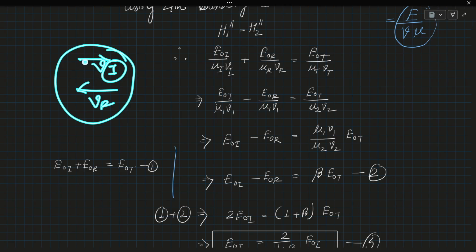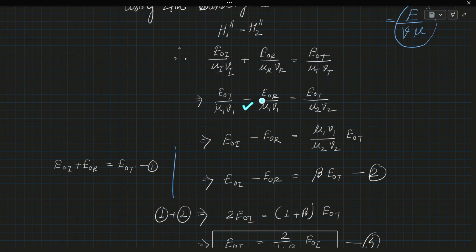So these are opposite to each other, so I have to add one negative sign. That's why there is one negative sign. And then this is for the transmitted wave, it is in medium 2, so mu 2 V2, okay.